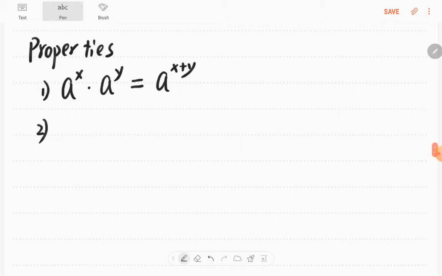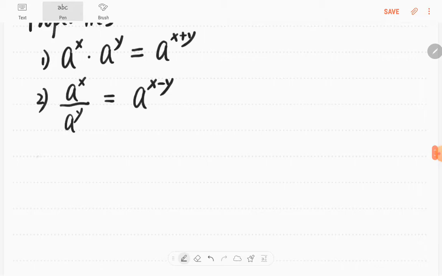The second property is a to the x over a to the y, which is equal to a to the x minus y. Right? The third one, if you have a to the negative x, it's equal to 1 over a to the x.